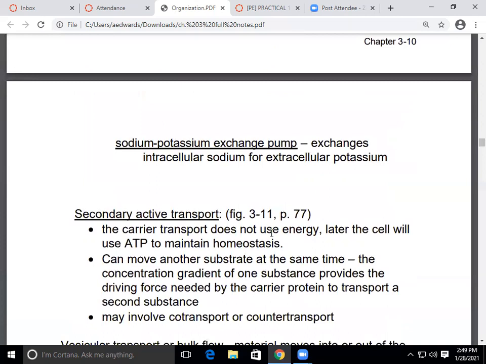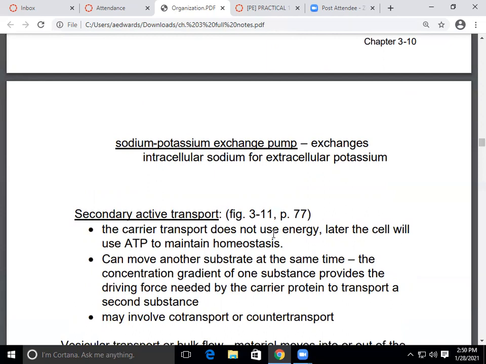An example of an exchange pump is the sodium-potassium pump. You're exchanging sodium on the inside of the cell for potassium on the outside, and it requires ATP to do that. Again, I'm not going to ask you to be able to explain to me how the sodium-potassium pump works.